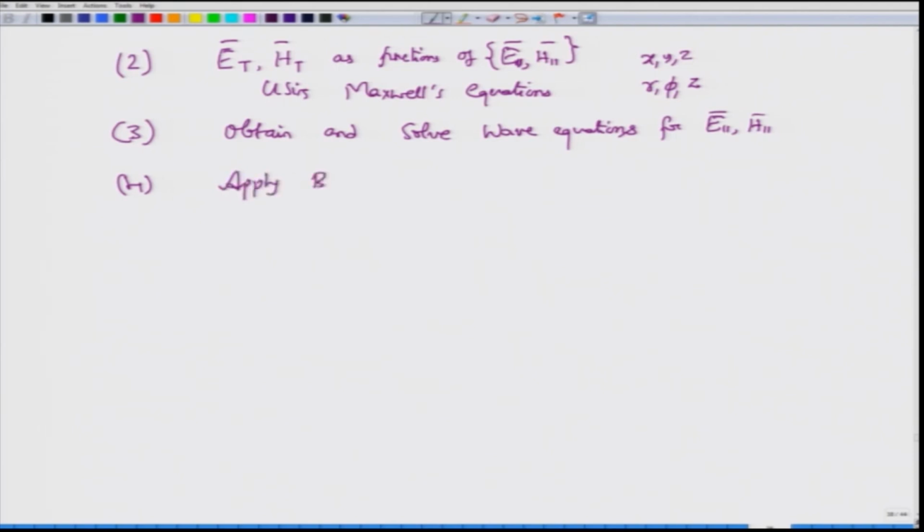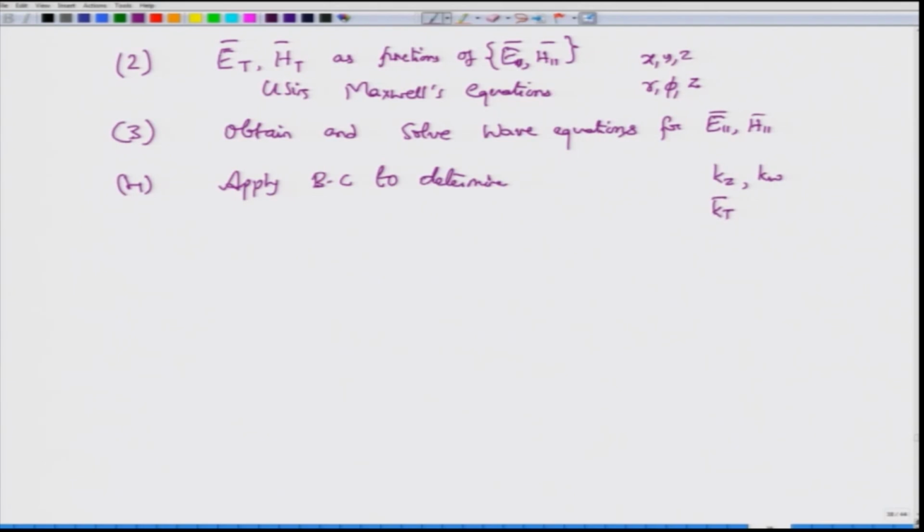Okay. So, apply the boundary condition to determine the propagation constant. Remember, one of the goals of your analysis would be to actually determine the propagation constant kz, or in general the propagation constant kw. Of course, you will also have the perpendicular or the transverse wave number kt.